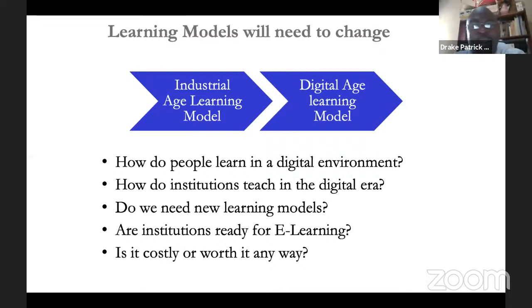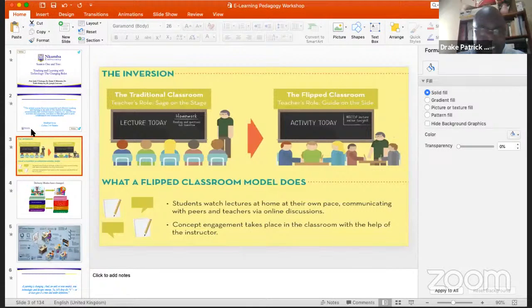So how do people learn in a new digital environment? We no longer learn from the classroom. We learn from everywhere. How do institutions teach in the digital era? We are no longer going to be constrained by the physical classroom or by the mere books. Learning is an everyday activity.